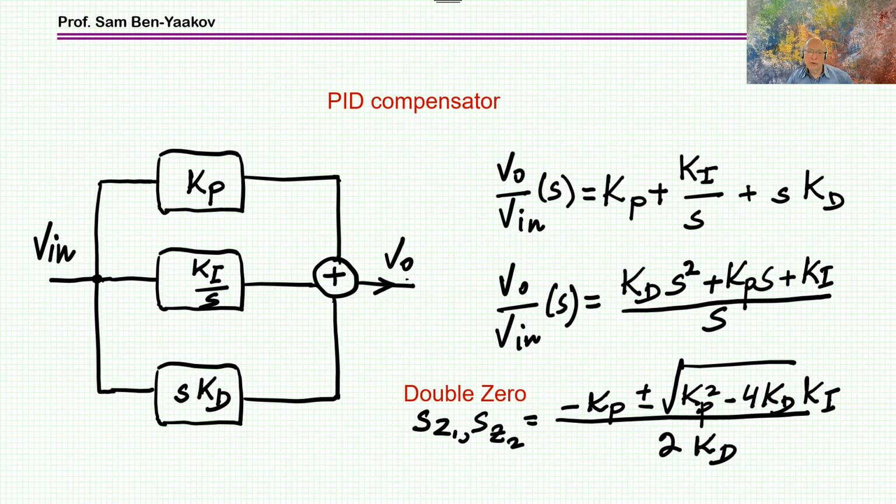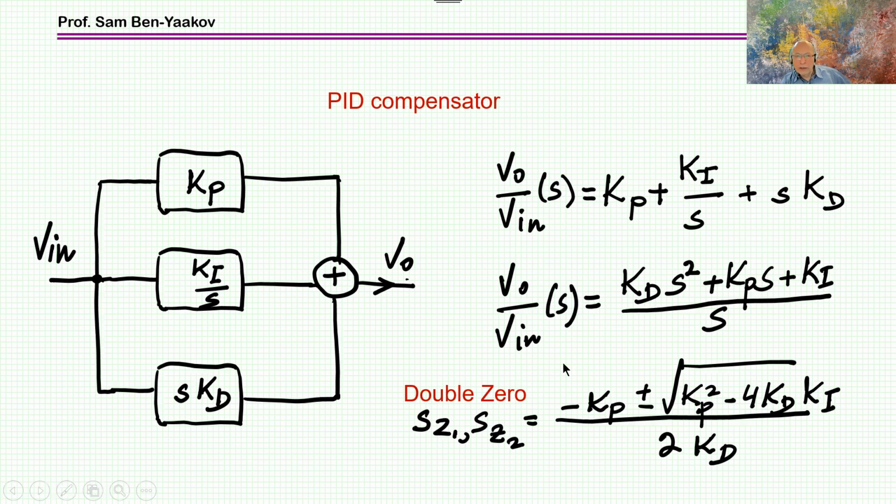Now, let me just say that now that we are using digital control, it's actually easy to use this concept of PID because it's easy to implement in a digital form, because you have simple difference equations that you can describe them.